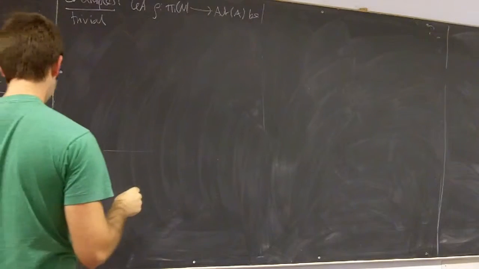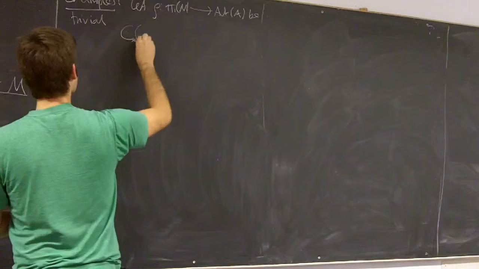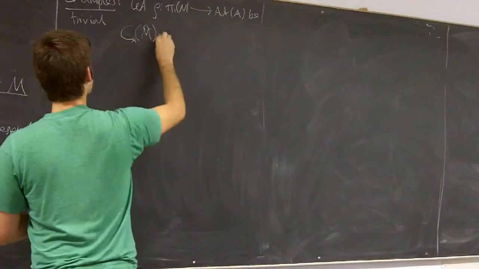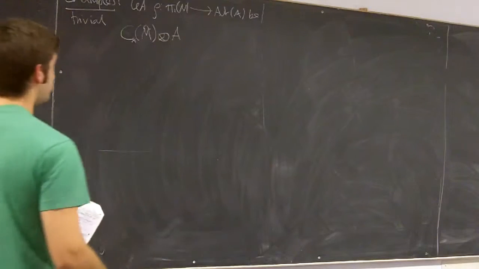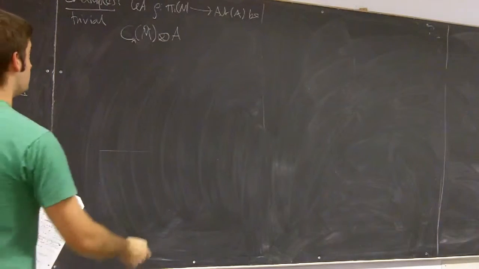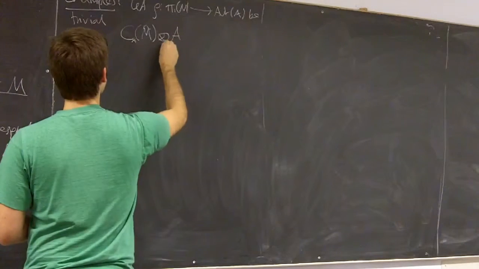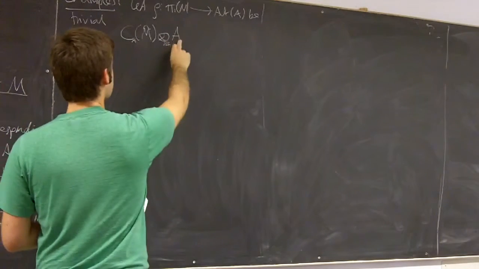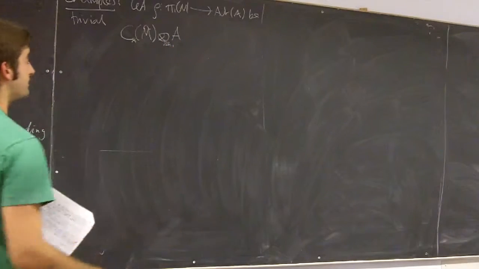Well, what effect does this have? So when we take the tensor product, we're identifying the action of Z pi 1 on the module on the right with the action on the left.